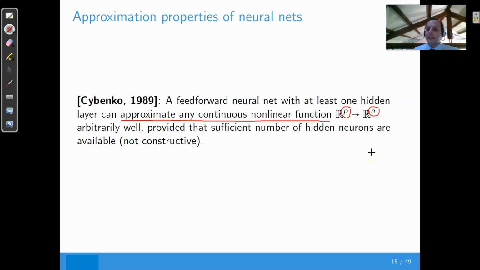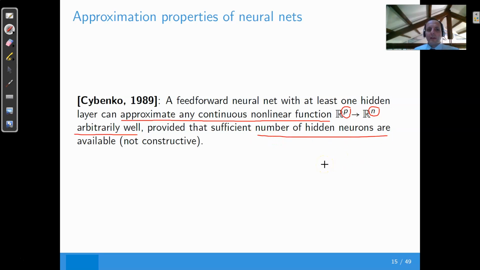So also the number of inputs and outputs of this nonlinear function is arbitrary. Of course, it is a continuous static function, so again we have the condition that the output is a static function of the inputs, with an arbitrary degree of accuracy. It's very important because you can reduce the approximation error by increasing the number of hidden neurons.